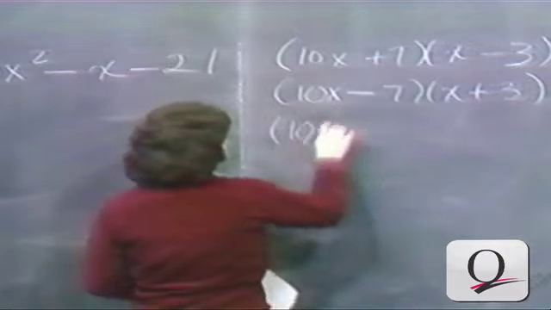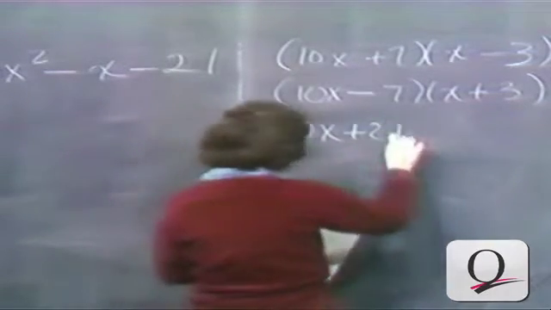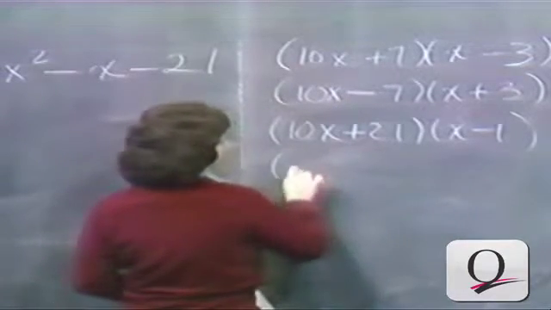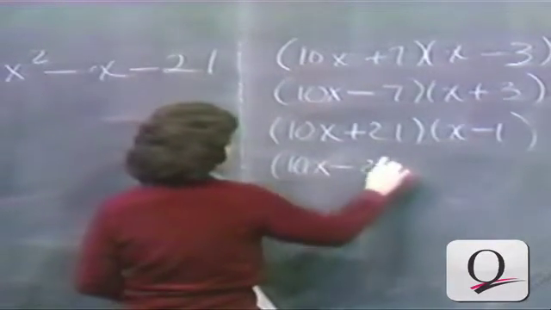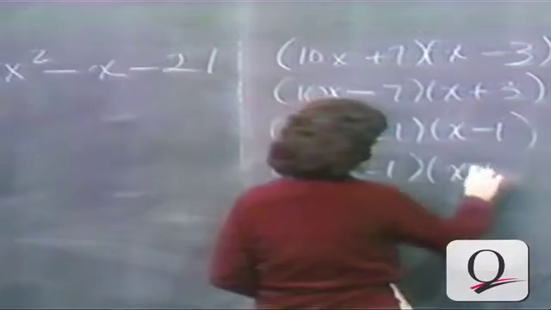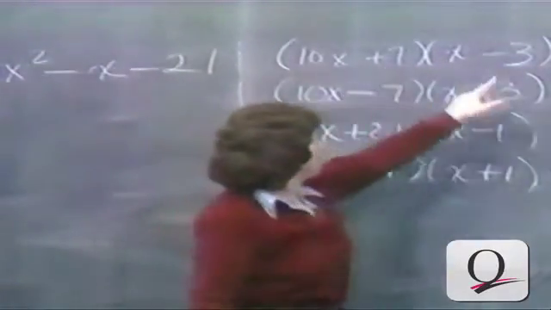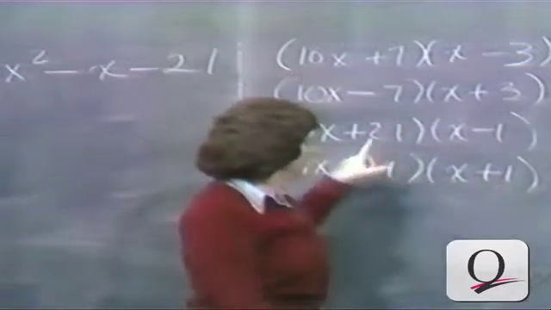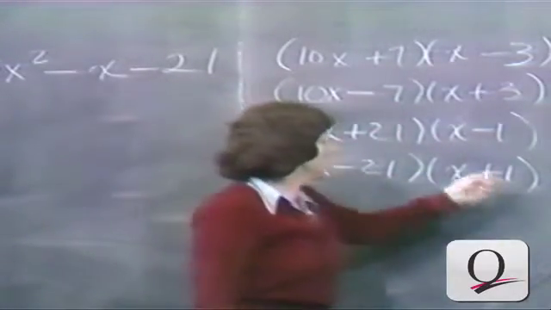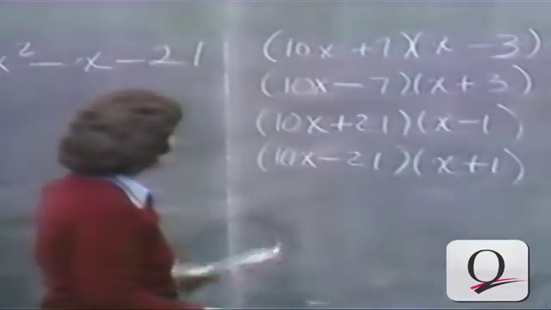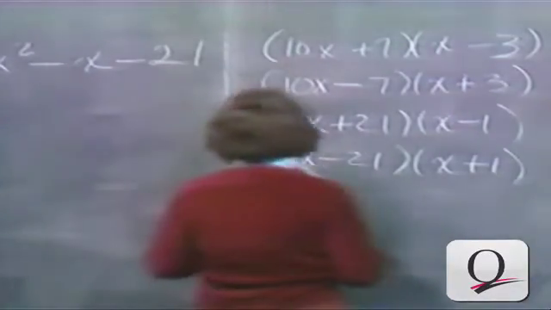We can also make it with a plus 21 and a minus 1, and a minus 21 and a plus 1. Each of these can be reversed as well.